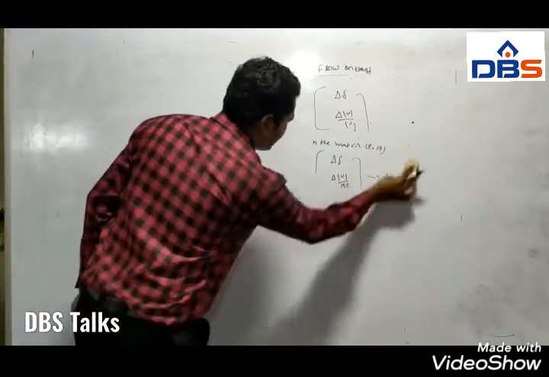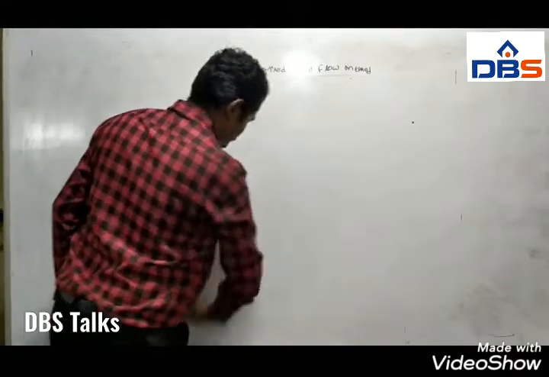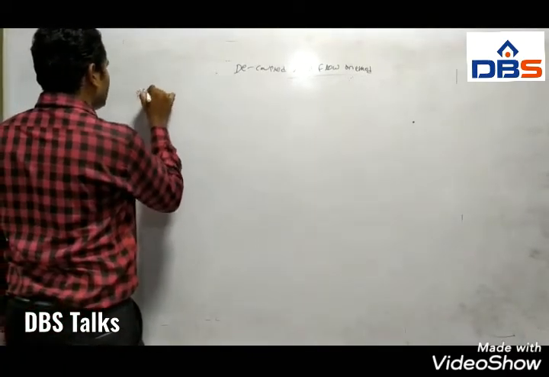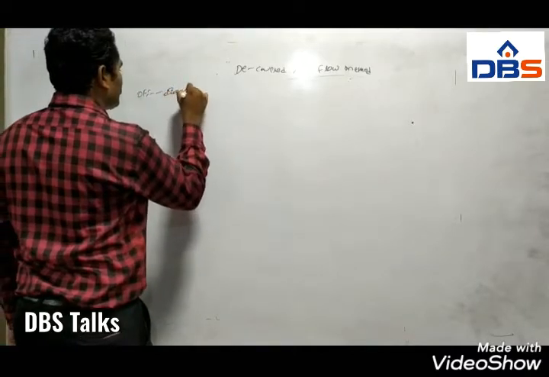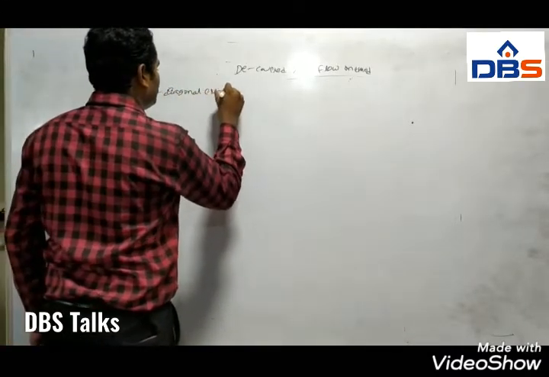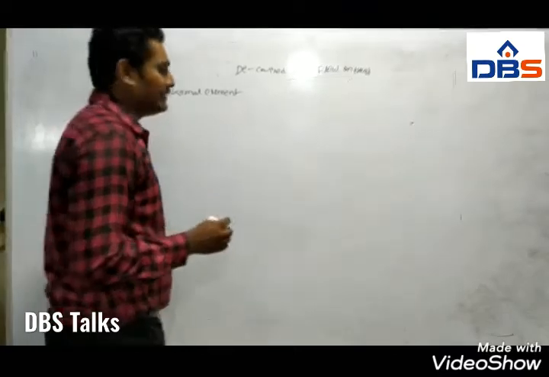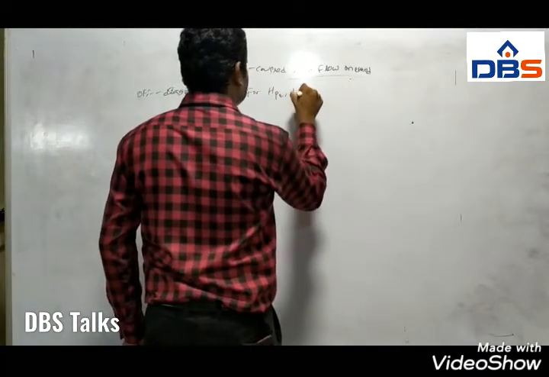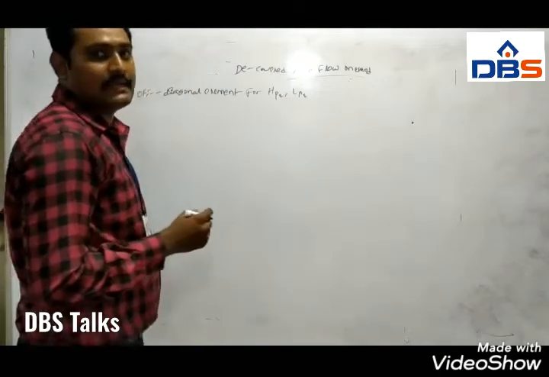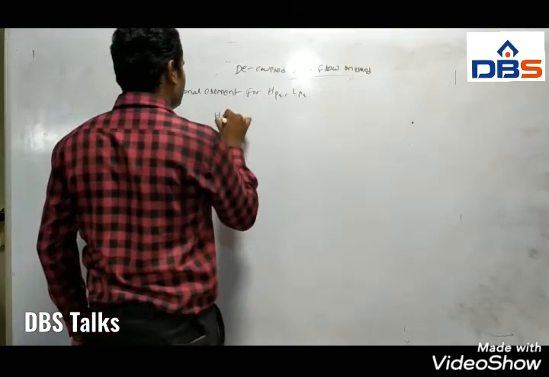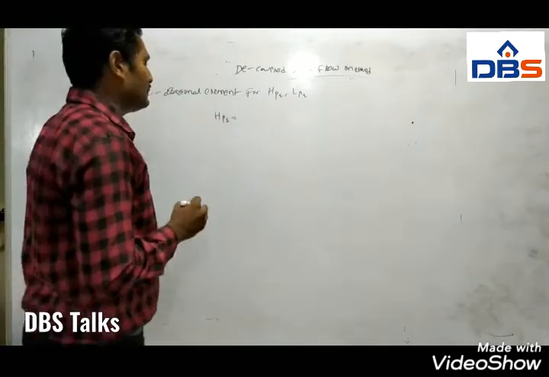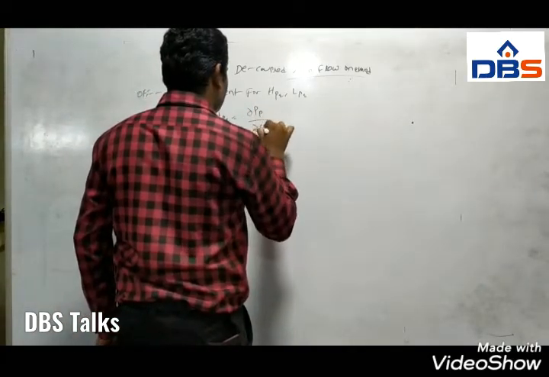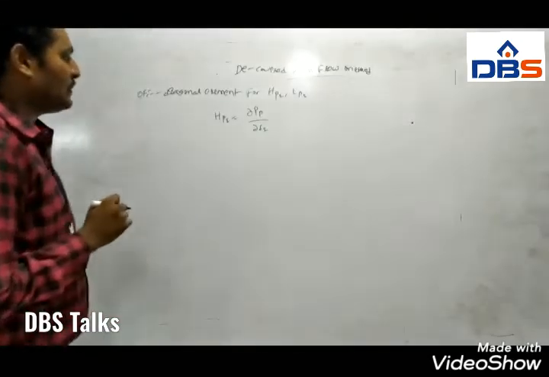Firstly, we take the off-diagonal element for H and L. That is H_pq equal to ∂P_p/∂δ_q.